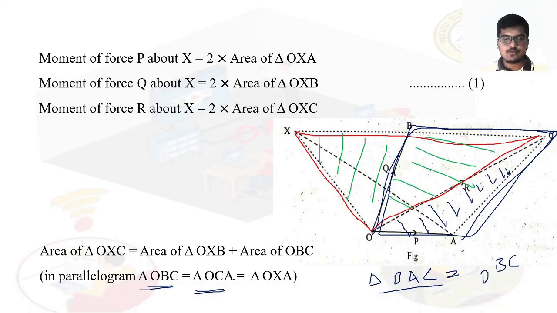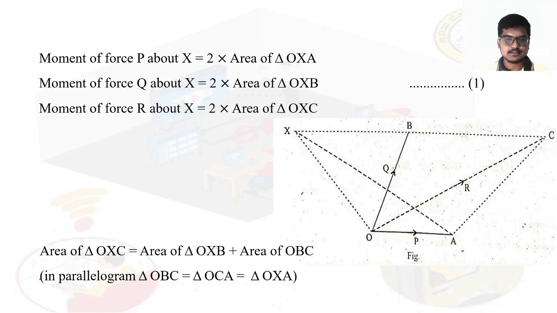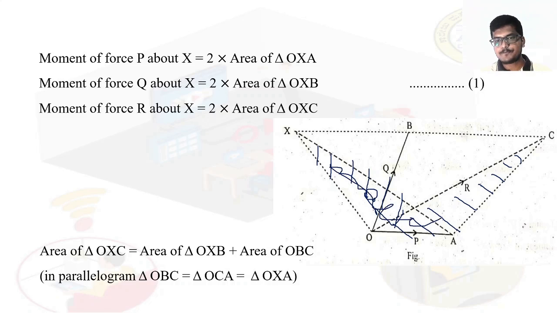Correct? Now, if triangle OAC is equal to OCA, by the property, see here, because they are on the same line, this triangle OAC is also equal to what? Triangle OXA. So I'll clear all the ink. See, this triangle OAC is equal to this triangle OAX.